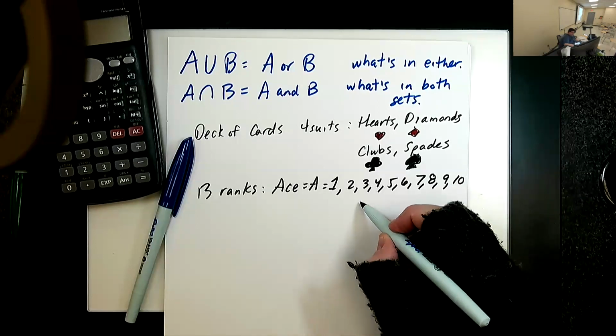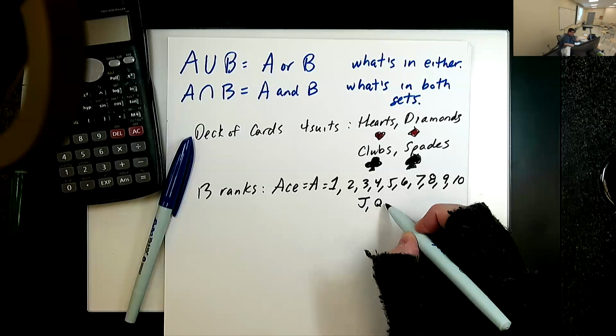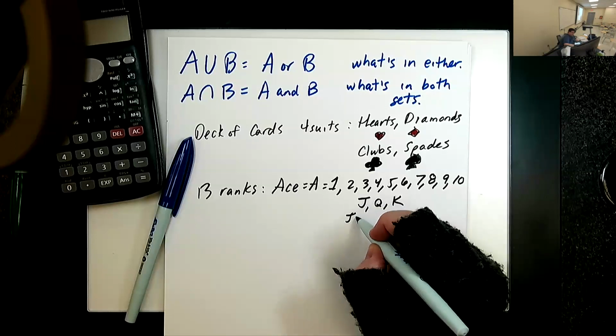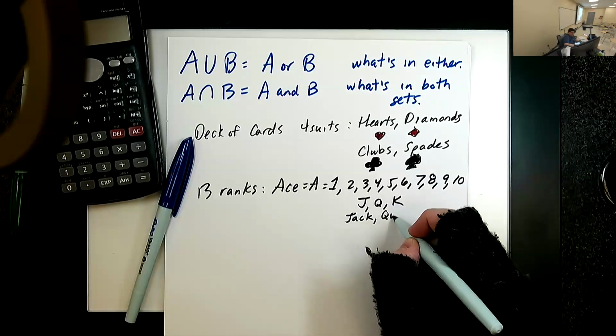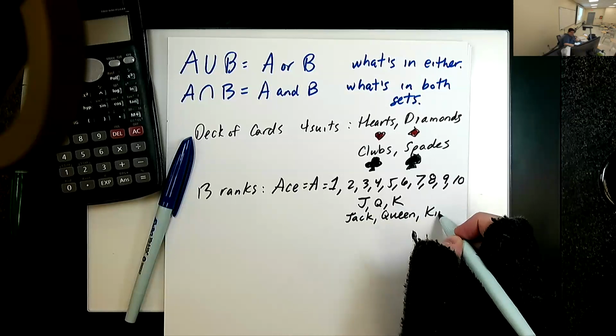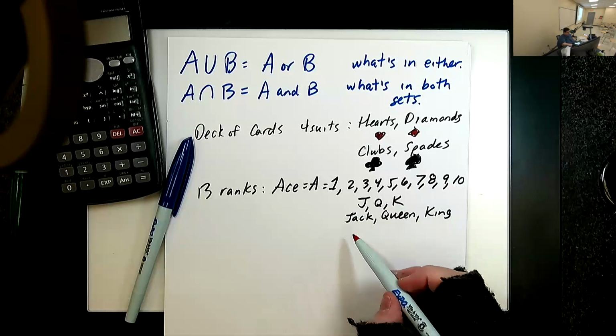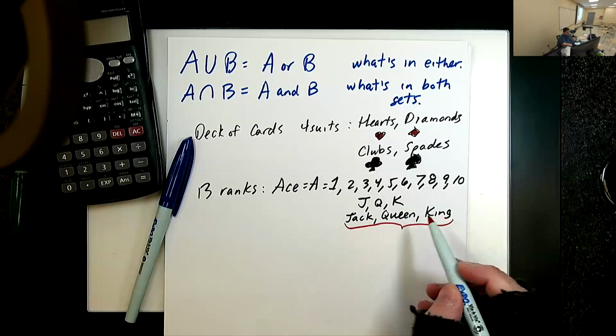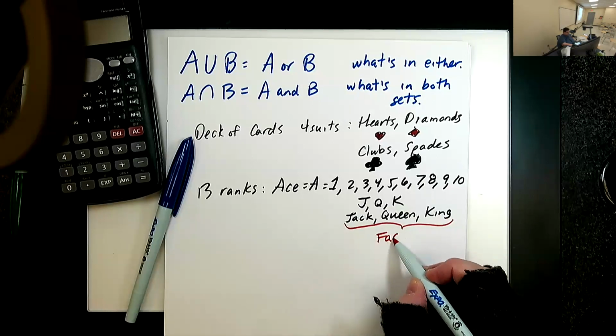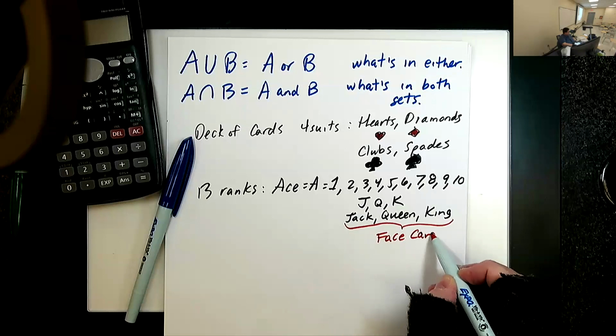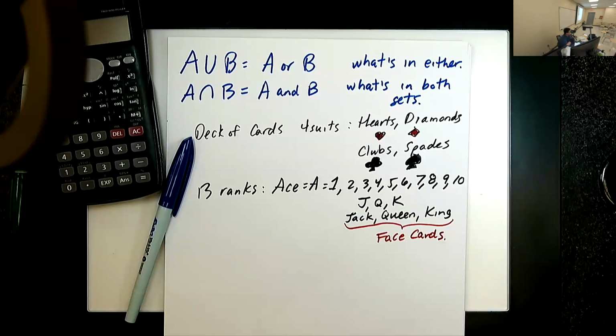The last 3 ranks are the jack, the queen, the king. These all have pictures on them, so these are all called the face cards. There's faces on them, so we call them the face cards.